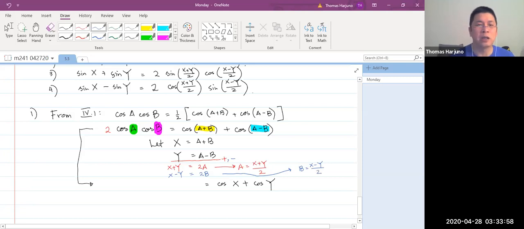I will substitute that right away: 2 times cosine A cosine B equals that. That's the end of the proof.